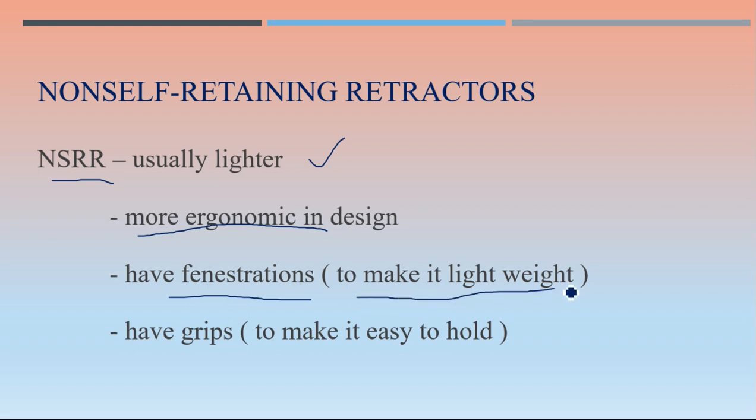Why do they have fenestrations? Obviously to make them lightweight, and they have grips. And why are there grips? To make them easy to hold. A more secure hold is required, because you are supposed to apply force. So fenestrations, grips, more ergonomic, and usually lighter as compared to self-retaining, right?